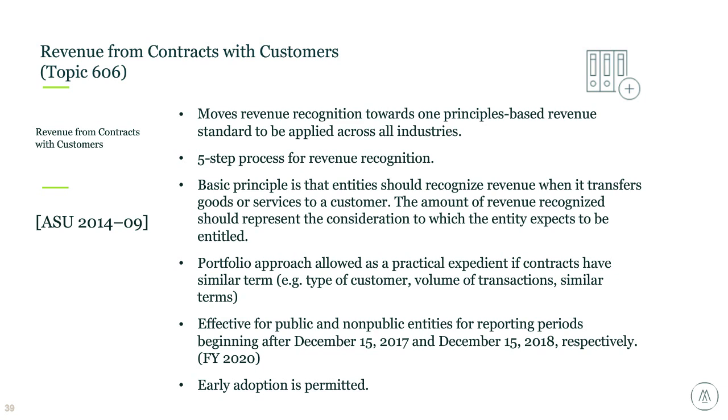It is effective for public entities for years beginning after December 15th, 2017, so that would be June 30th, 2019, or December 31st, 2018, or a year later for those non-public entities. And of course, early adoption is permitted.